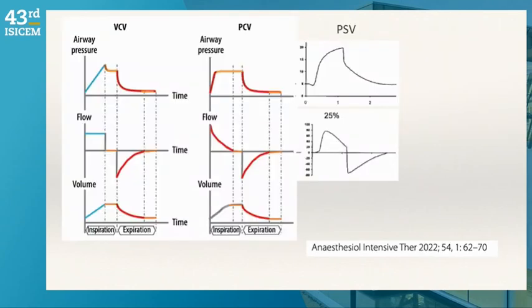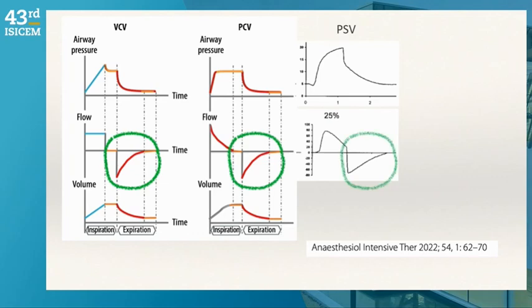Because if we look at the curves, and especially the flow curves during mechanical ventilation, whatever the mode we use, you can easily notice that the expiratory flow every time looks the same. Why is that so?